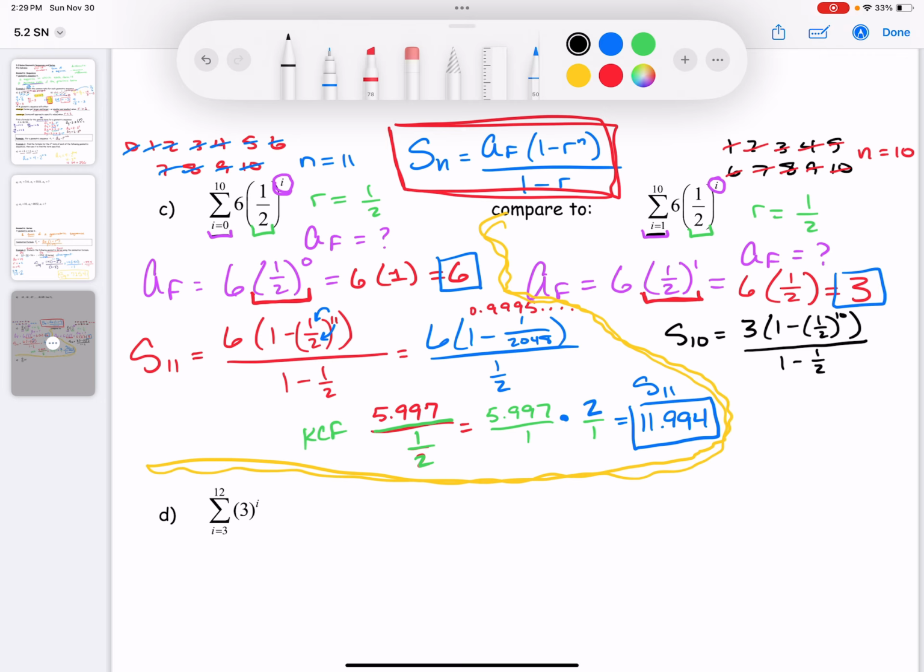But for this one, when I work inside my parentheses first, I'm going to do 1 divided by 2 to the 10th power. And then I'm going to do 1 minus that number.